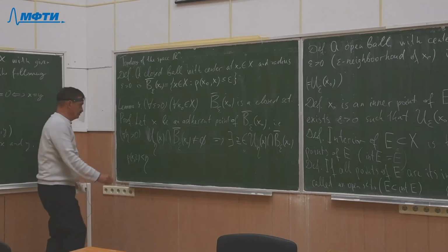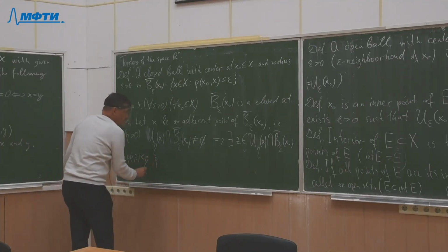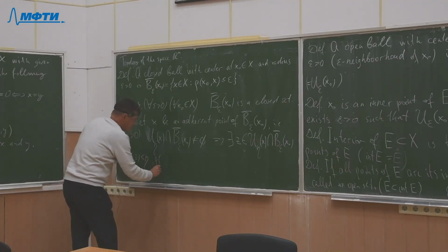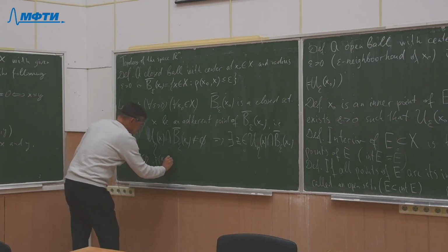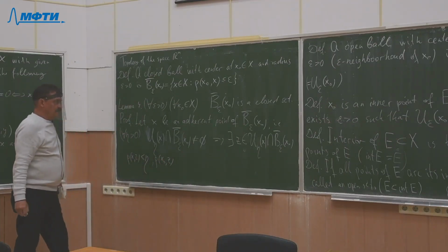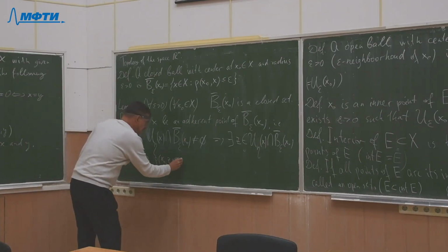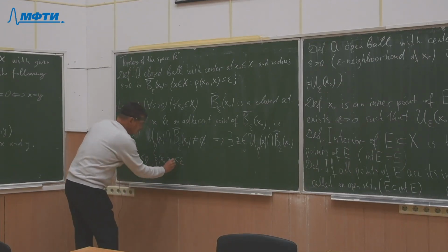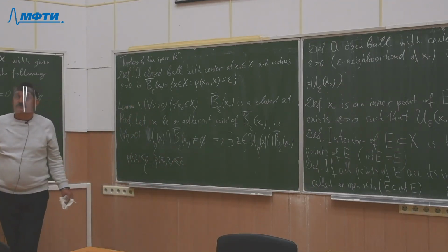And also rho of x naught to z is less or equal than epsilon, right?